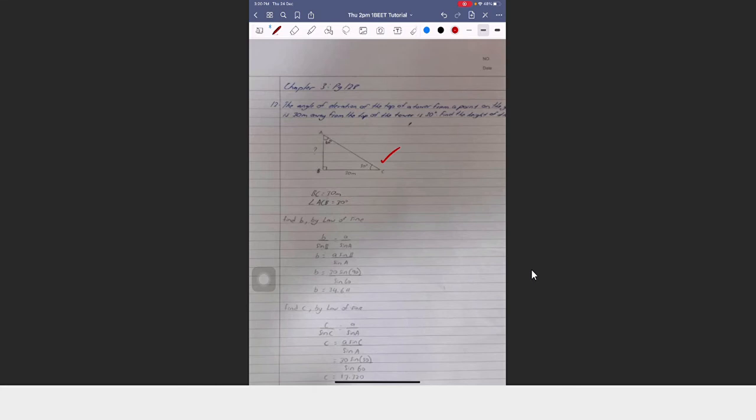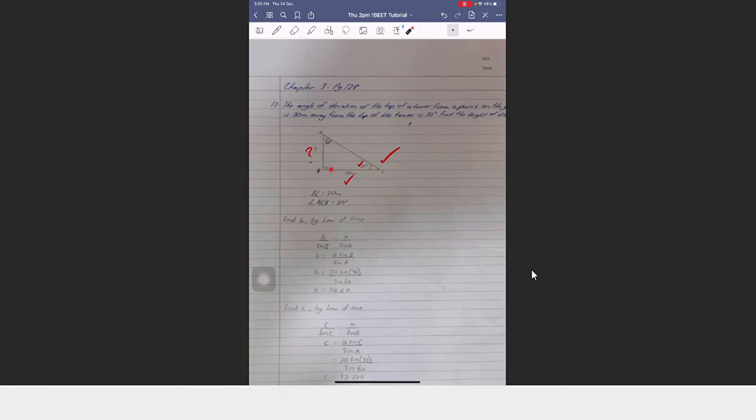Because to find this length, you can just straight away use a simple trigonometric ratio, where you have your tangent, isn't it? This is the opposite, which is what you want to find.